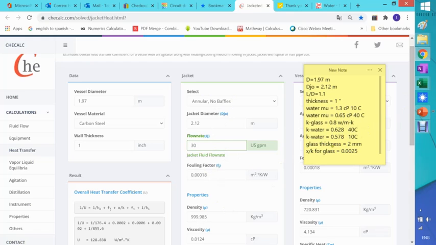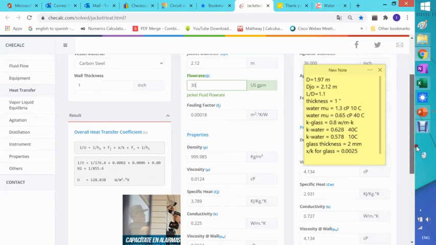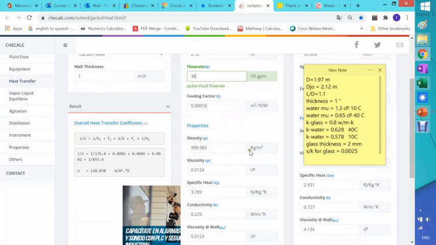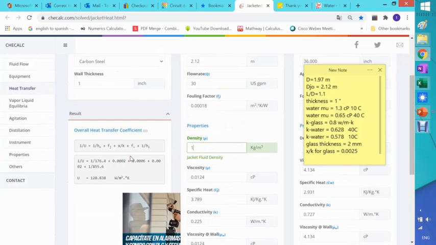So I have here some numbers, one at 40 and one at 10 degrees. So density, I will keep it about 1,000 kilograms per cubic meter. And how about the viscosity? Here's mu. I have two values, one at 40 and one at 10.